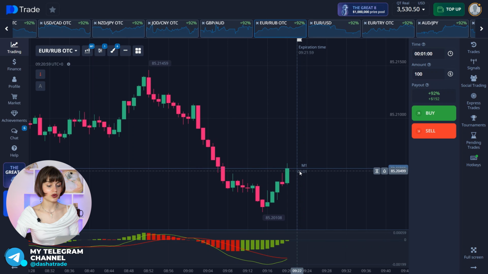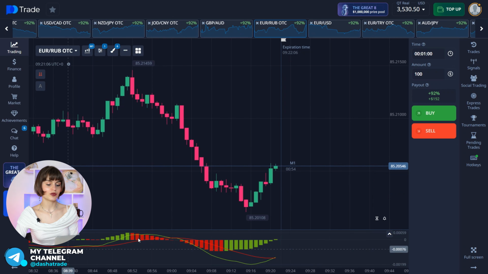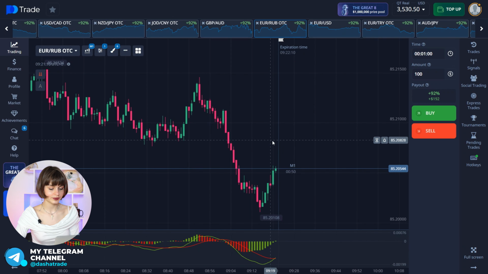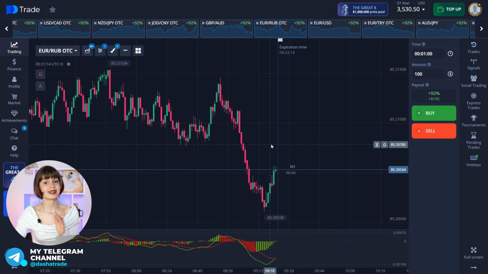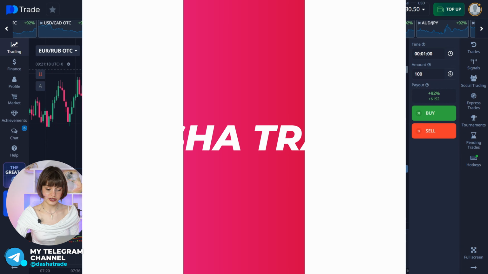I was able to foresee this since experience allows it, and you try to wait for intersections of moving averages and the zero mark. Very important, guys. I hope the principle of working with this indicator is clear to you, and let's continue trading and find other illustrative examples.